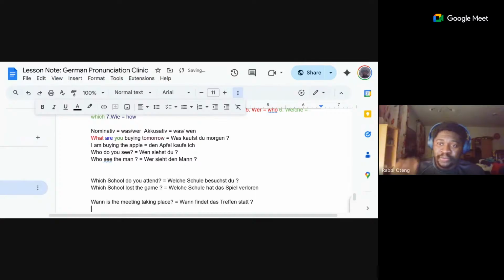When we are talking about events taking place, like something happening, we use stattfinden, okay? Stattfinden is separable. Stattfinden means to take place or to happen.